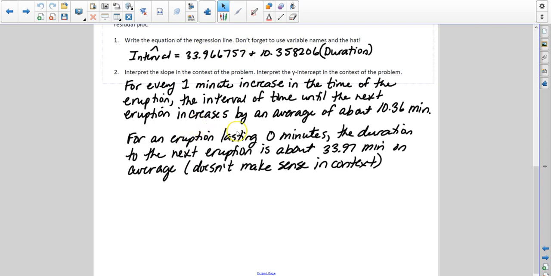So it says for an eruption lasting 0 minutes, the duration to the next eruption is about 33.97 minutes on average. This does not make sense in the context, because if we have an eruption lasting 0 minutes, then we're not counting any sort of interval until the next eruption. Another way you can say this is for every 1 minute increase in the time of the eruption, the regression line predicts an increase of an average of about 10.36 minutes.